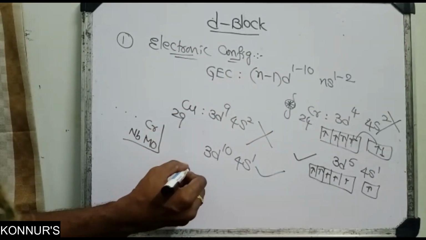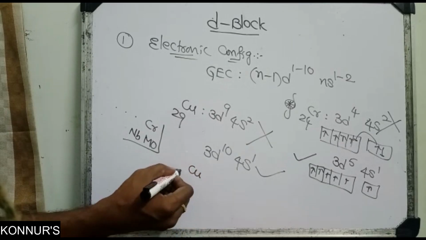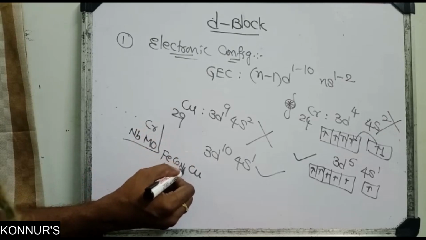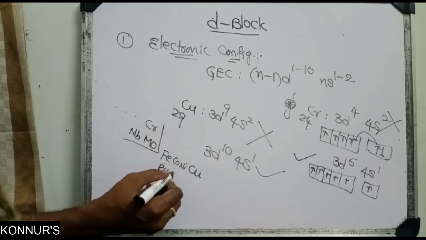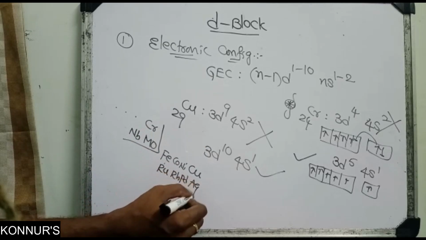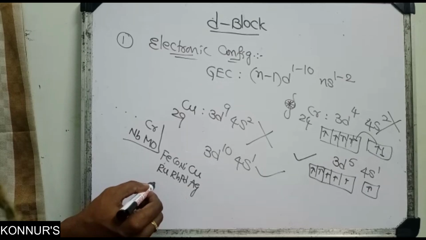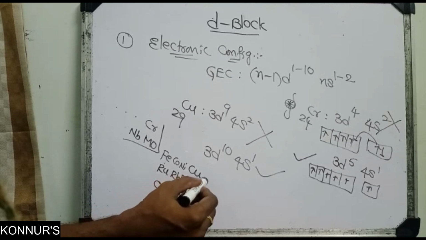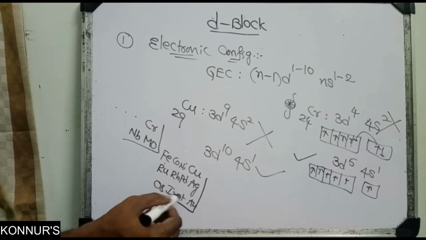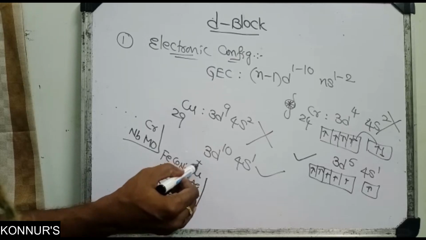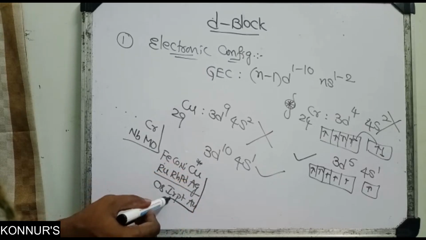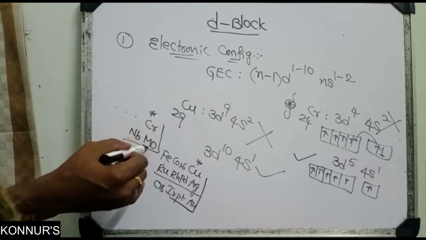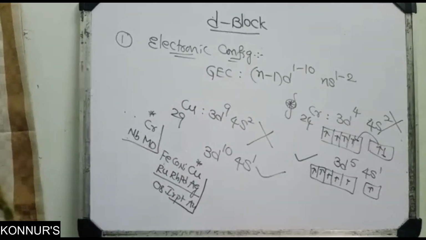Suppose you take copper; what is below copper? Iron, cobalt, nickel, copper; next ruthenium, rhodium, palladium, silver; next lanthanum, hafnium, tantalum. Below copper also that problem is there, in a reverse manner, so the electronic configuration is different. Below chromium, molybdenum and niobium show different electronic configurations.